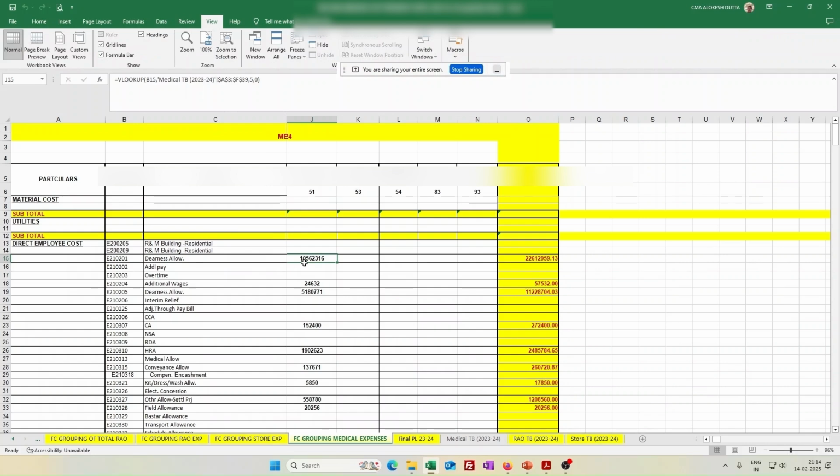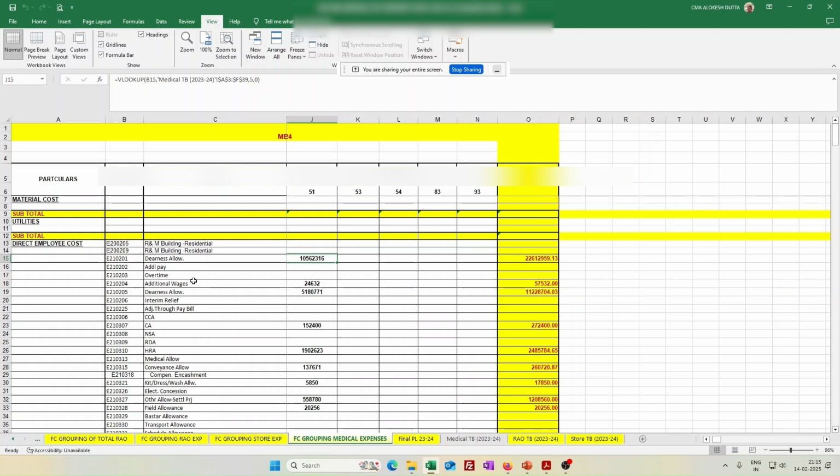See, this figure has come through the VLOOKUP command. In preparing cost records, the VLOOKUP command is very essential. If you do not know the VLOOKUP command, you cannot do it.